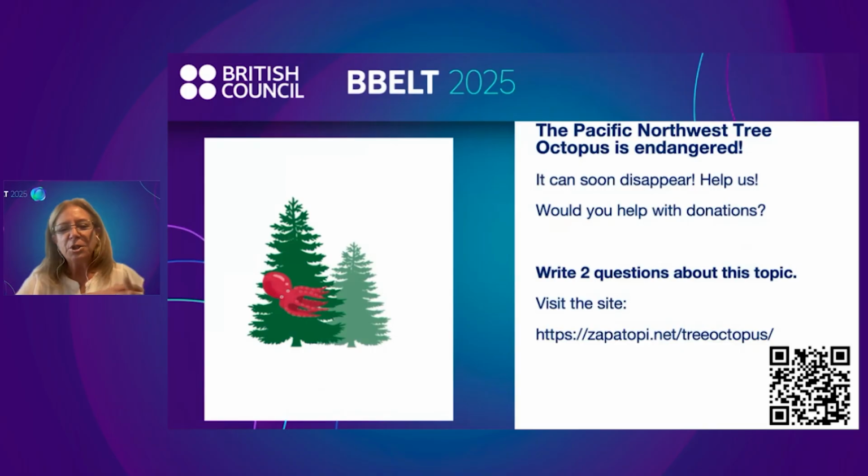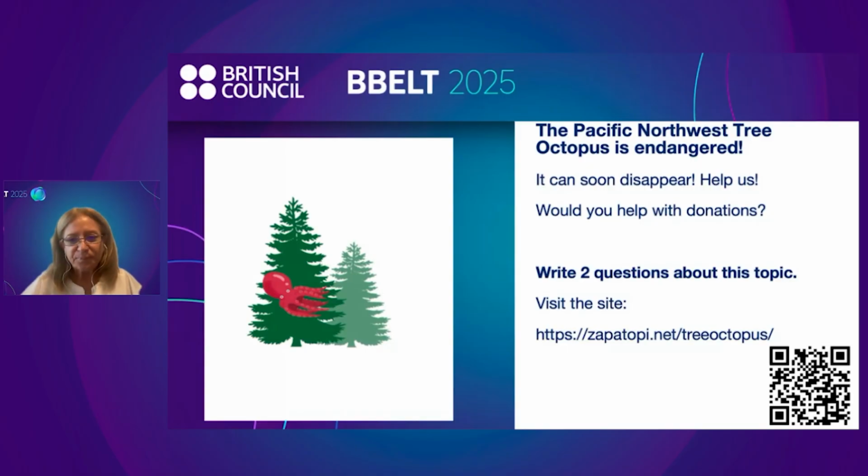Now, we're going to be paying attention to the story of the Pacific Northwest tree octopus, which is in danger. It can soon disappear, so we need everybody's help. Would you help with donations?